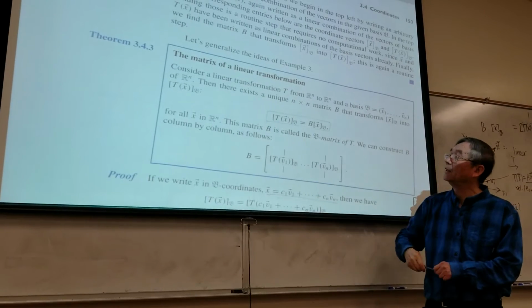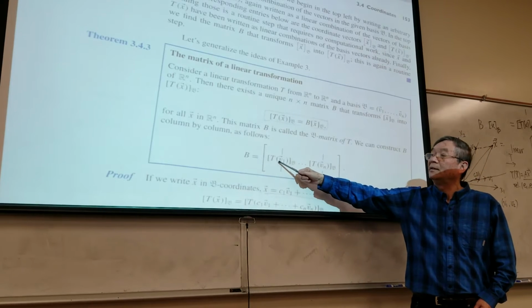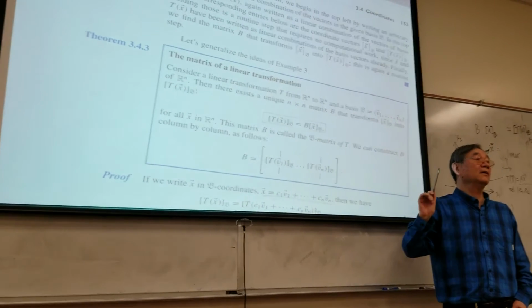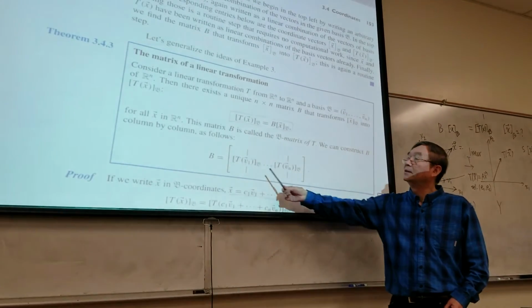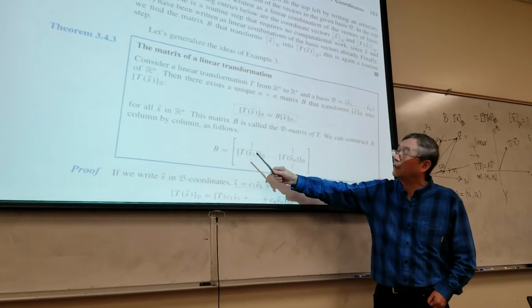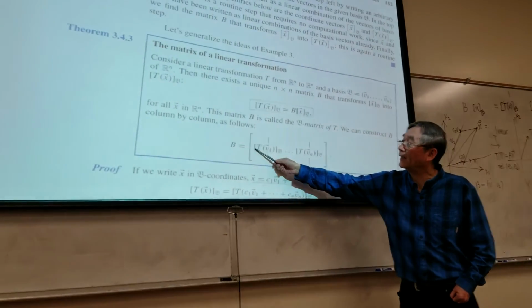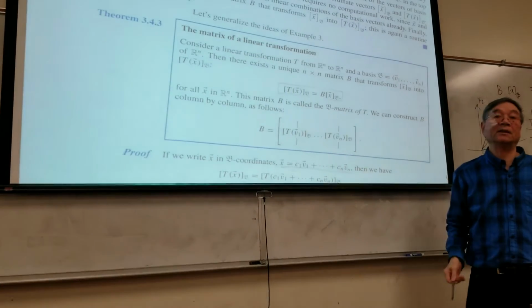Many columns. Look at the first column. What is it? You know what T is, right? Linear transformation defined by Ax. So instead of x, you put V1 in there. So that's T times V1, right? And then brackets, and then subscript B. What does that mean?